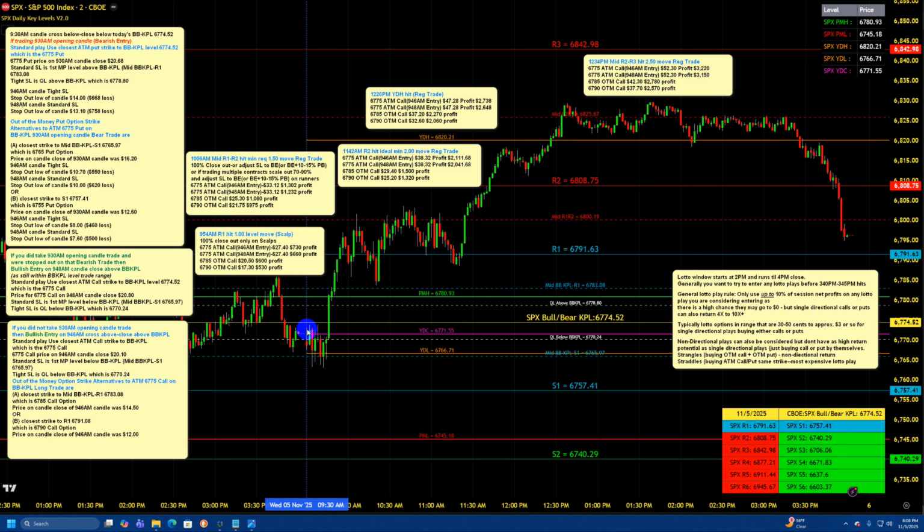Now if you took the first 9:30 a.m. opening candle trade, that trade is a loss. That trade is a loss because, as you can see here, price failed to break through and stay below the YDL level. So it stayed contained within YDC and YDL.